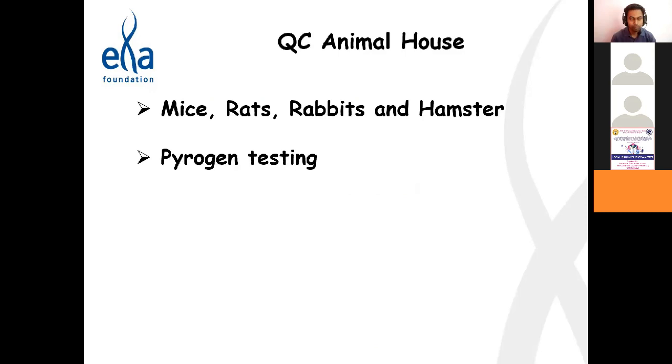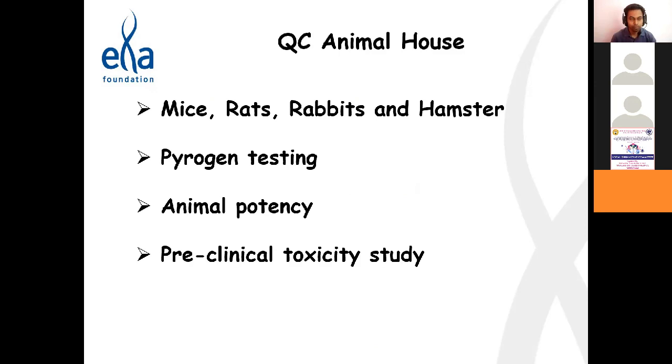They do pyrogen testing in rabbits and animal potency in whatever the vaccine or the standard protocol demands. Preclinical toxicity studies are also done in these animals. Apart from that, animals also take part in reagent development, like anti-sera against a particular antigen or a particular virus. So these things are done at QC animal house.